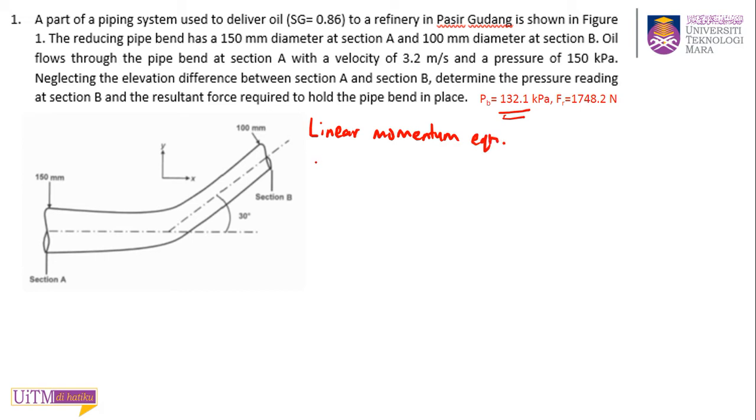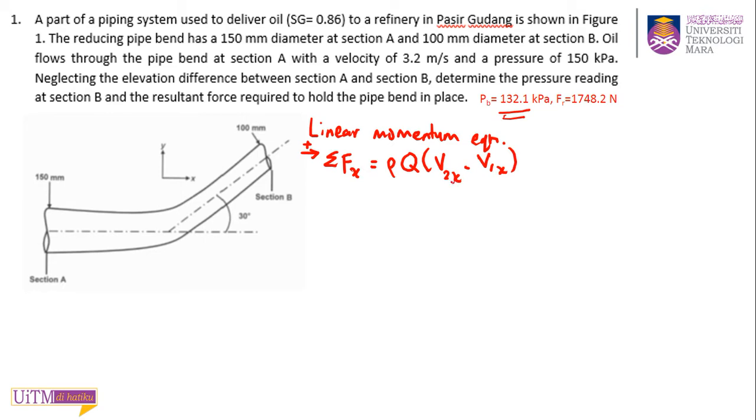If you take x, this direction is positive, for Fx, this will be equal to rho times Q times V2x minus V1x.